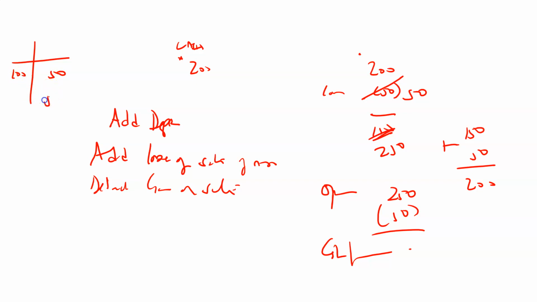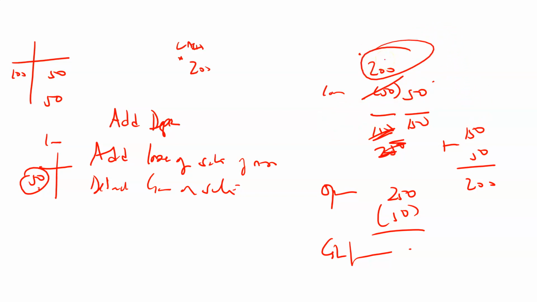So how do we do that? We take that loss as an expense of 50, and that's how we have that 50 showing in our income statement when it's a loss, making it 150, 200 minus 50. So it's in our income statement, but we need to add it back because I'm trying to get back to my cash position. So we've dealt with three elements there: one, depreciation; two, loss on sale; and three, gain on sale.